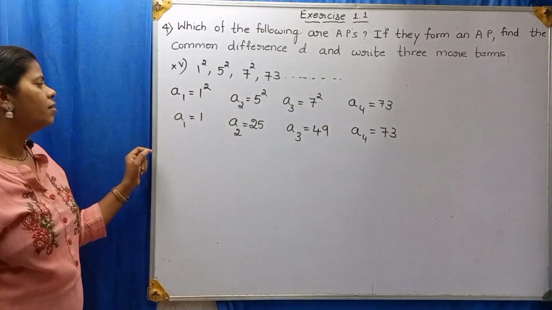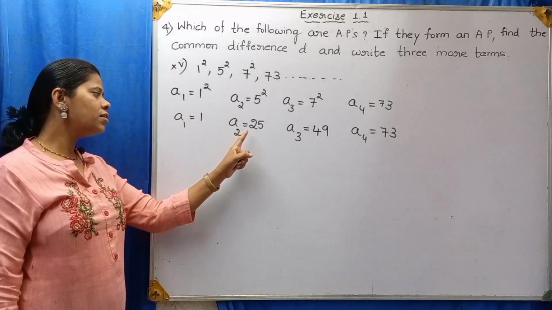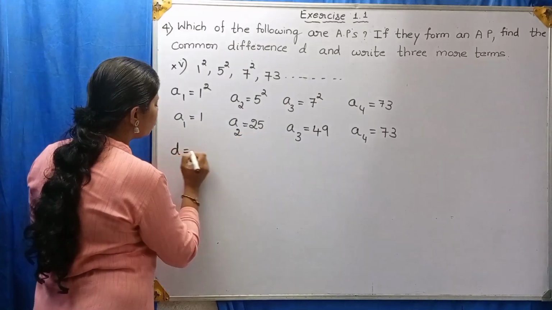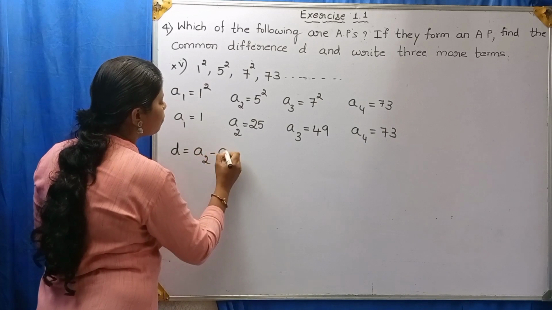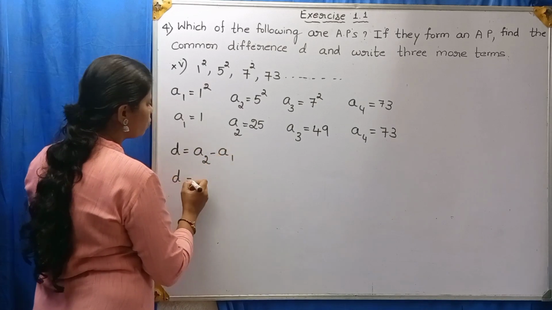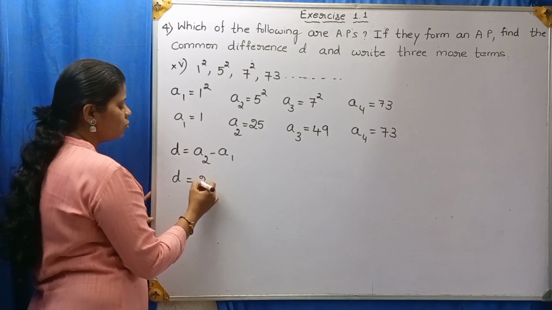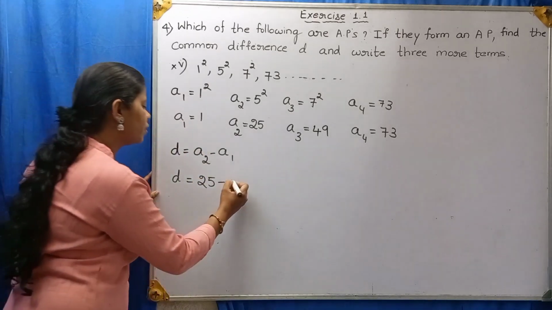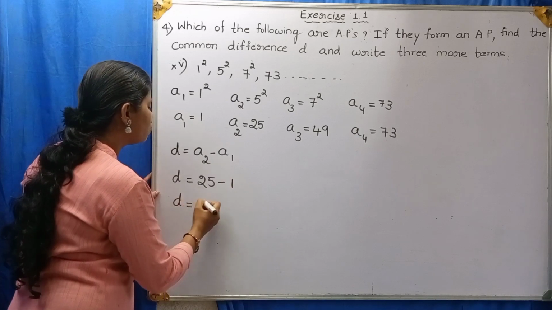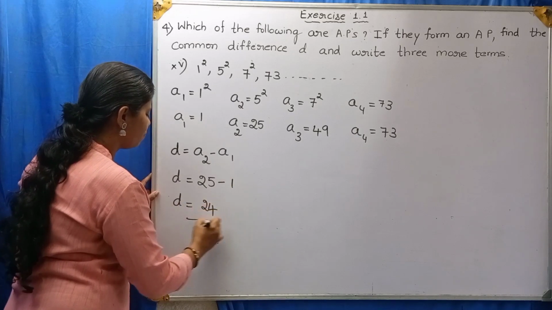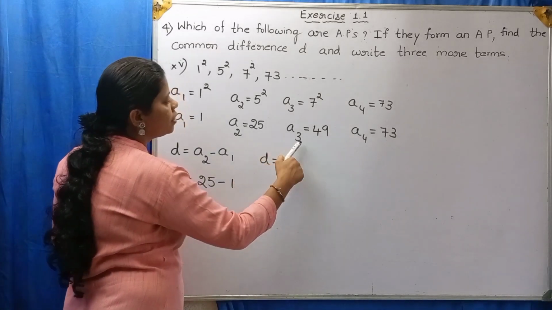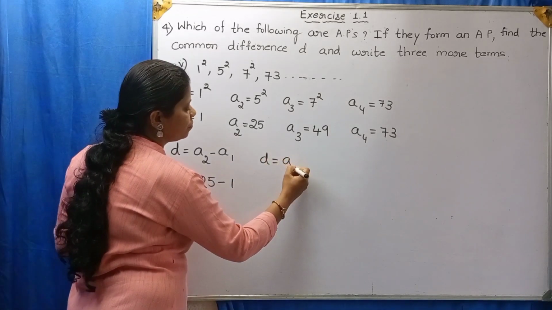Now, first let us find out the difference between these two. That is, D is equal to A2 minus A1. D is equal to 25 minus 1. D is equal to 24. Now D is equal to A3 minus A2.